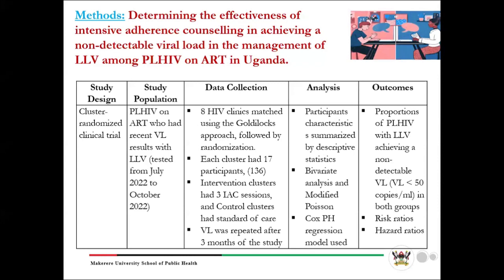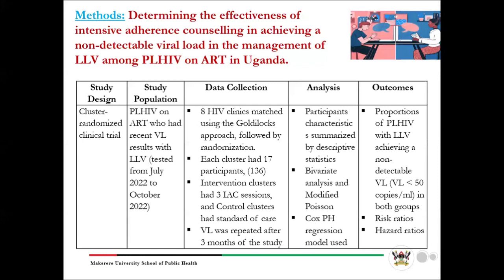The intervention group, where we offered these people intensive adherence counseling, people having viremia being offered intensive adherence counseling as it is recommended. And then people having viremia who are not offered any intensive adherence counseling.